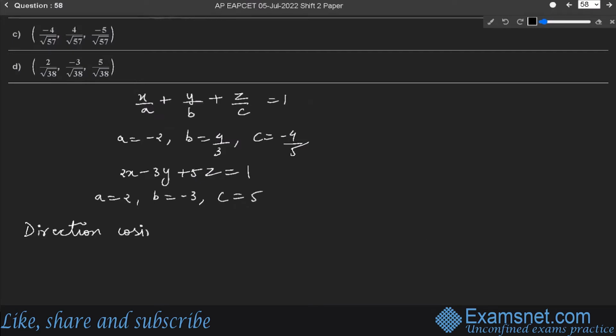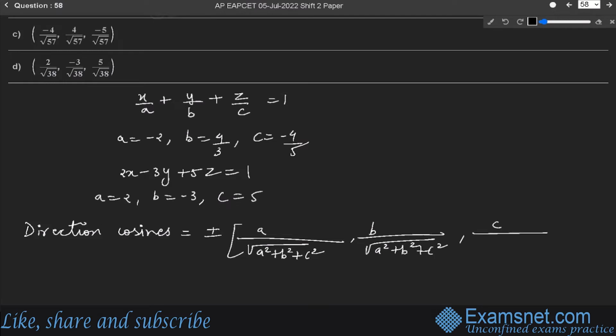So the direction cosines will be equal to plus minus a upon under root of a square plus b square plus c square, b upon under root of a square plus b square plus c square, and c upon under root of a square plus b square plus c square.